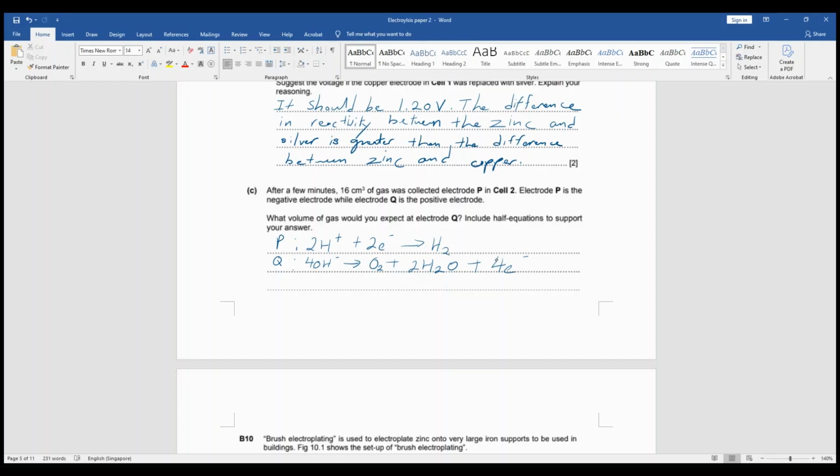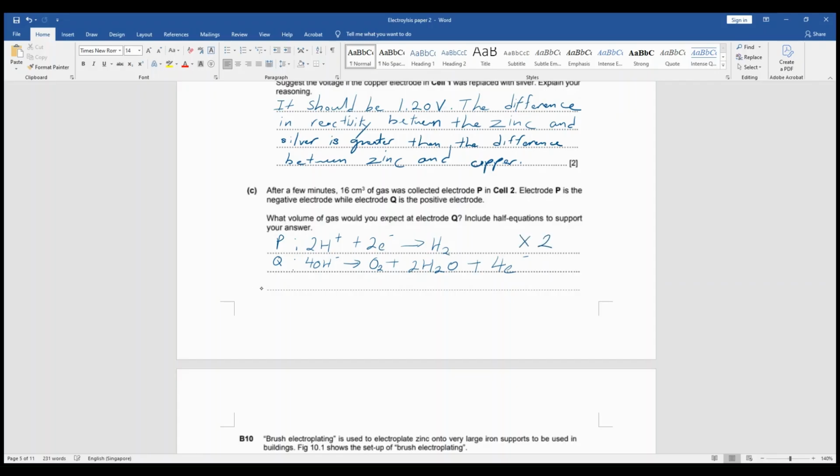Maybe it would be helpful if I combine the two equations. Yes, I should. From here, I'm going to combine the equations because action speaks louder than a lot of statements. Here is 2 electrons, here is 4 electrons, so times 2.